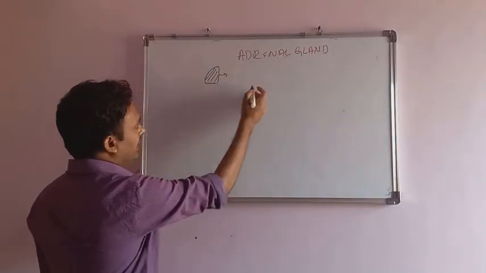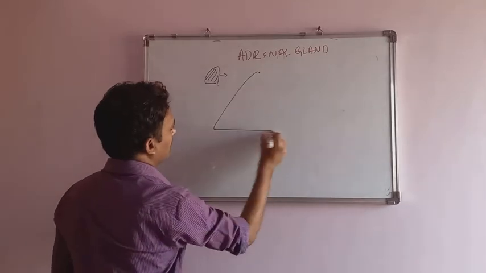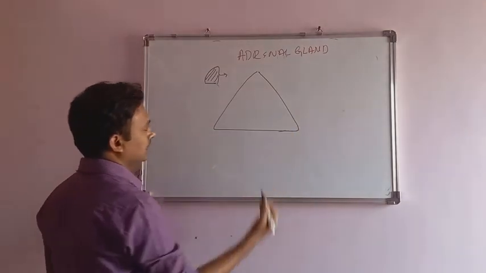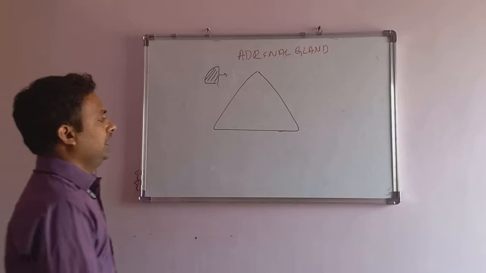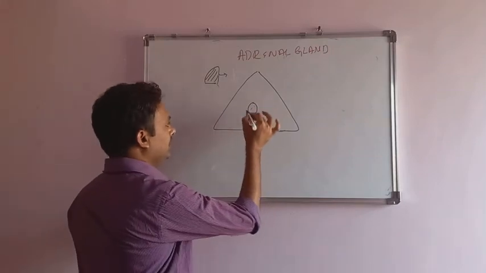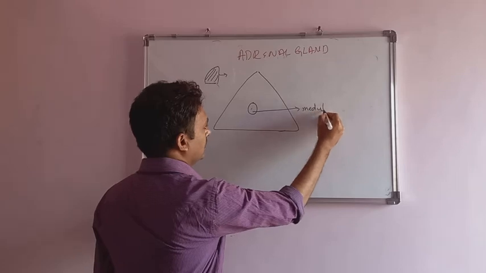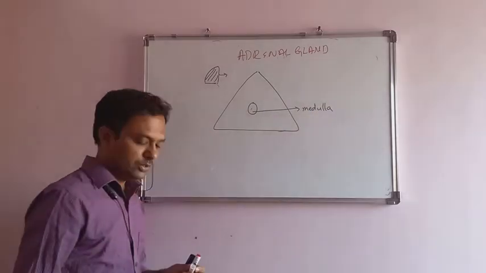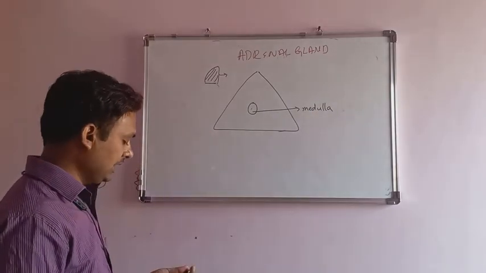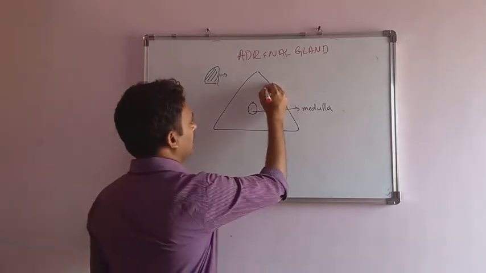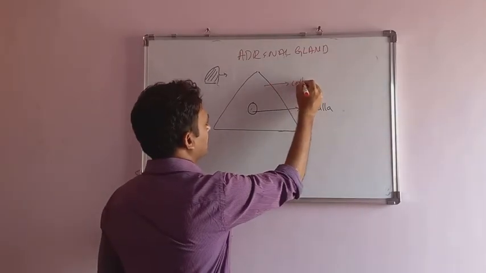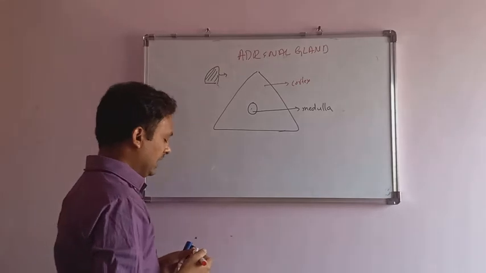This adrenal gland is divided into a center part, the medulla, and an outside part, the cortex.